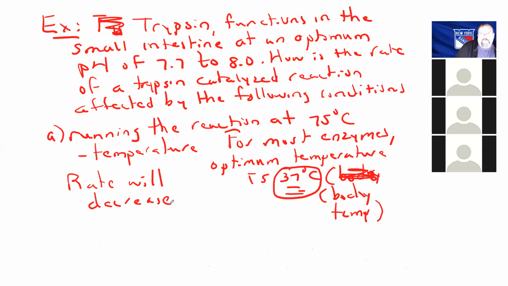If we jack the temperature up to 75 degrees Celsius, maybe not so much. How is the rate of a trypsin catalyzed reaction affected by the following conditions? I don't know if "rate will decrease" is the best answer.